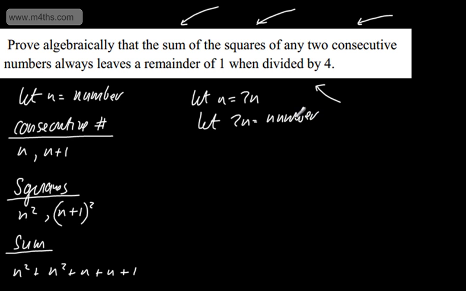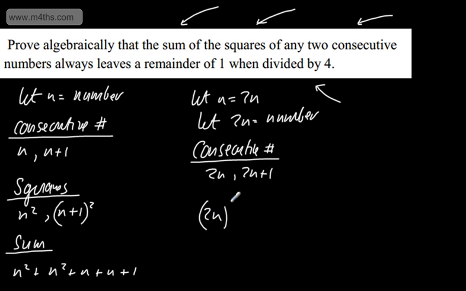So if we wanted to make our algebra easier, for consecutive numbers we would have 2n and 2n plus 1. If we look at the squares, we're going to have 2n, which we need to square, and we're going to add to that 2n plus 1 all squared.